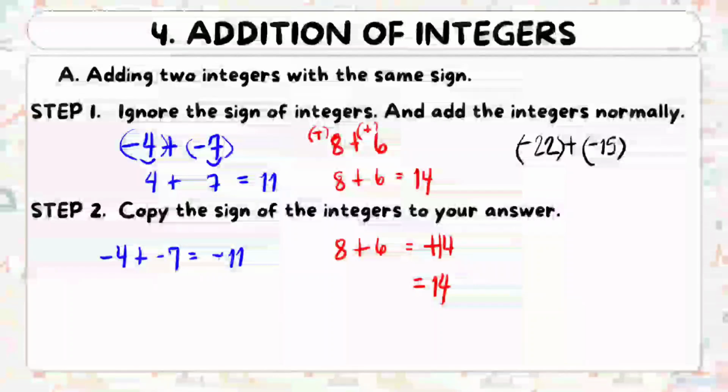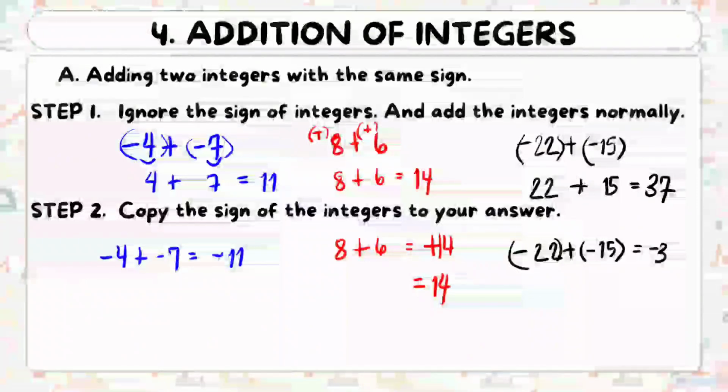Again, we just have to disregard or take the absolute value of the integers. -22 will become +22 or just 22. -15 will become just 15. And 22 plus 15 is equal to 37. So our answer is -22 plus -15 is equal to -37. Again, we are going to copy the sign of the two integers. So this will be adding two integers with the same sign.